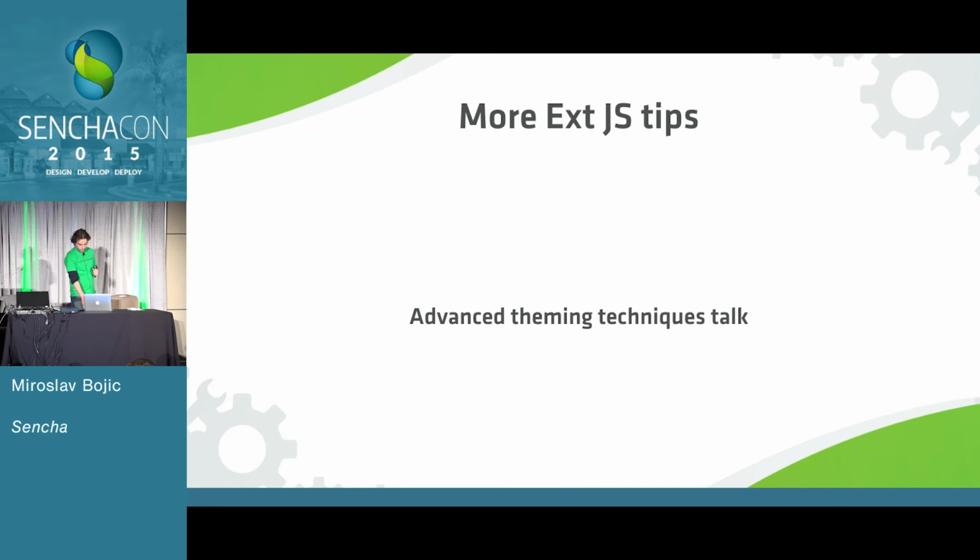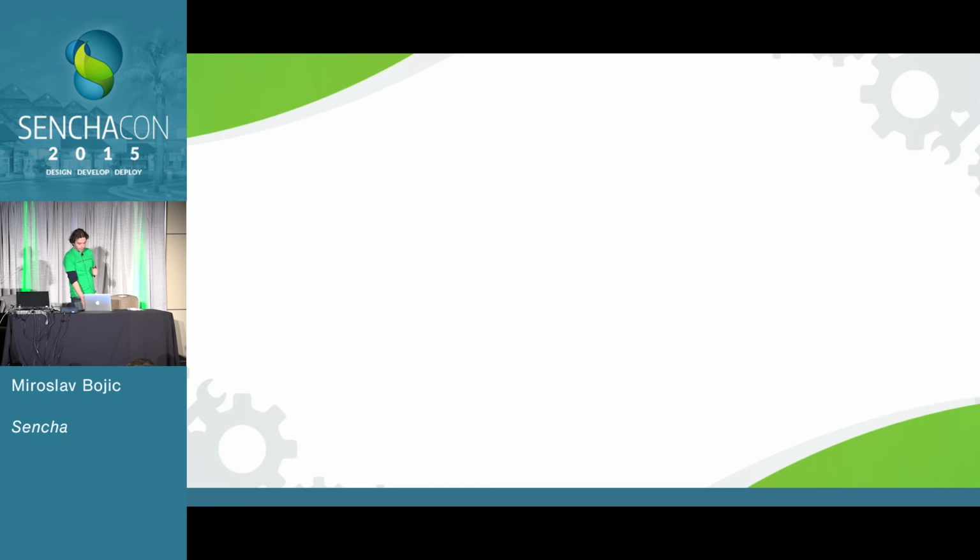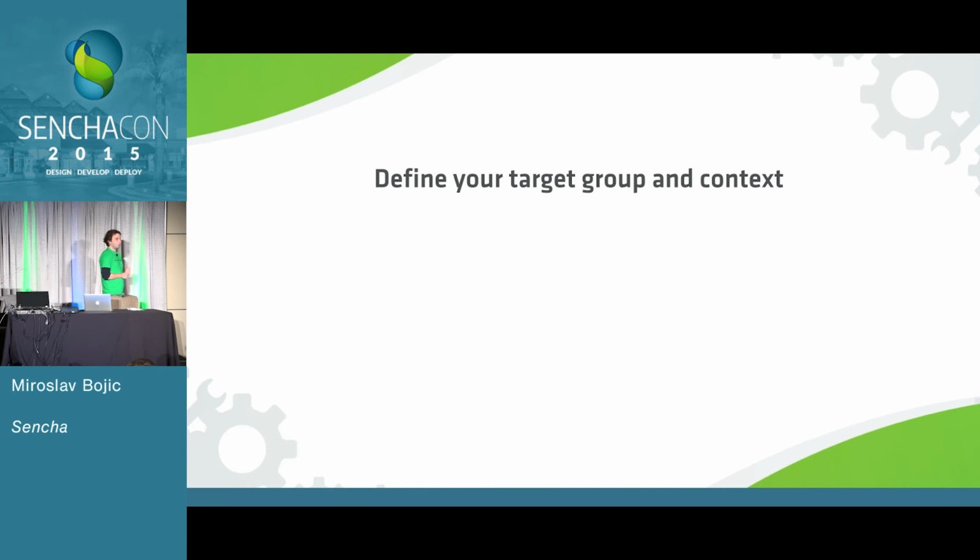And to recap my presentation, I think if you're thinking about responsive design, the first step should always be to define, so if you're starting to build an application, not converting an existing application, you should always think very hard what's your target group and what's the context of use that people will be using this application in, both desktop and mobile context of use, because this will help you decide what kind of application or applications you're building.